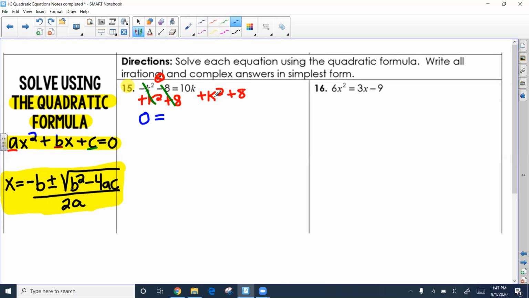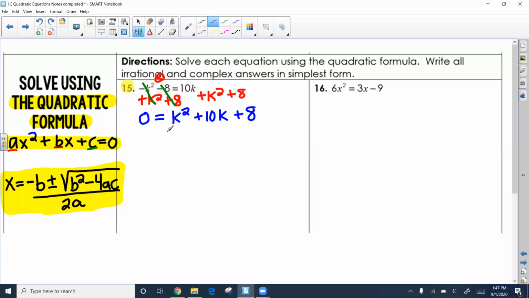But usually to make sure we have the correct a, b, and c, I want to write it in this order where the k squared comes first. So I'm going to write this as k squared plus 10k plus 8. Now, if we would have moved the 10k to the other side and got a 0 on the left, we'd still get the same answer in the end. So it doesn't matter which side you get equal to 0.